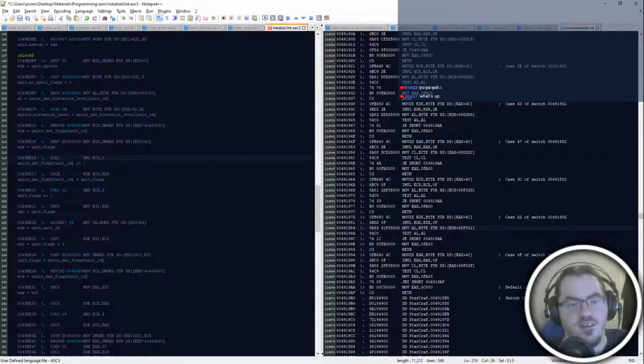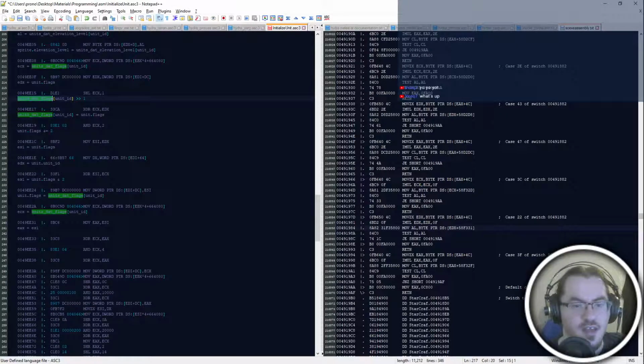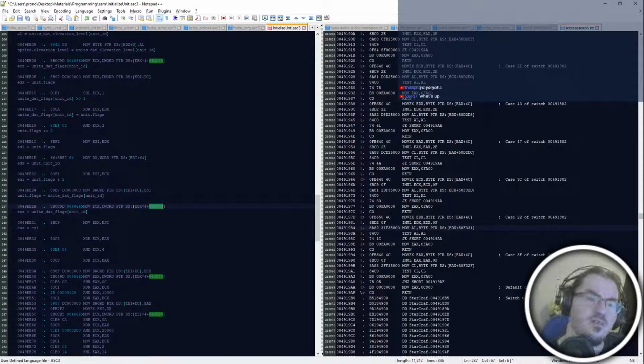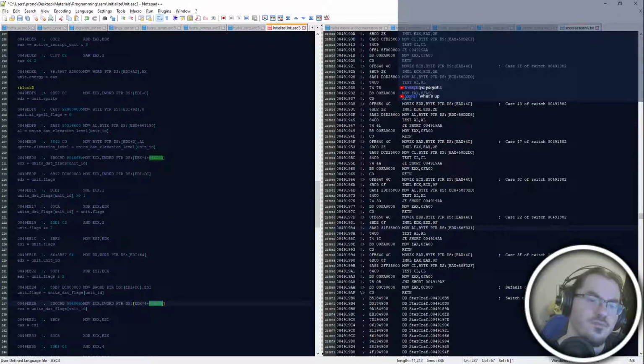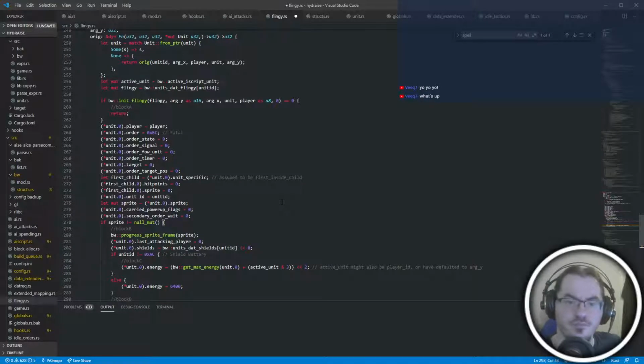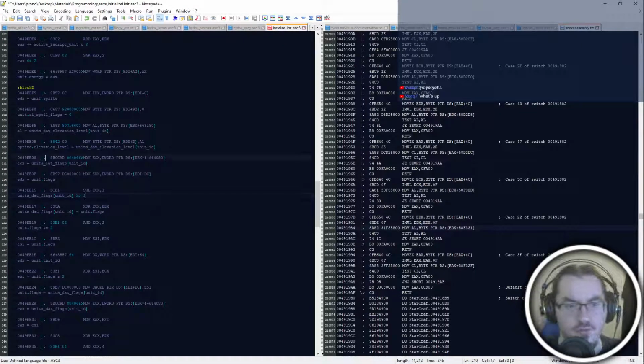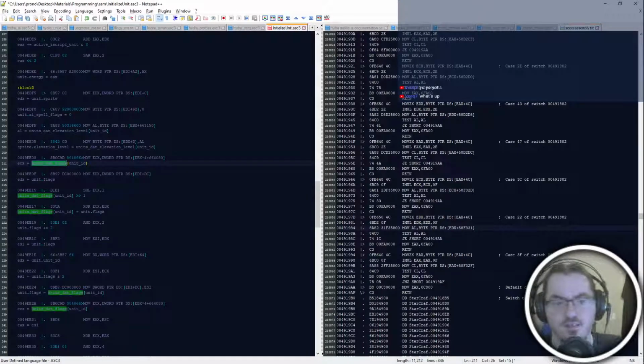So as far as I can tell, all of these calculations related to unit stat flags and all this... Basically, this whole thing should be simplified into one line, probably, of writing the unit stat flags of the unit ID.